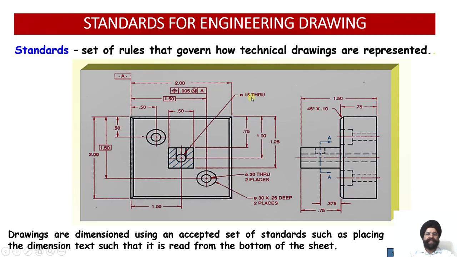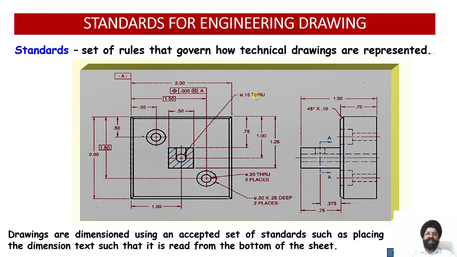Similarly, a lot of text is also written on any given engineering drawing, so we need to understand how this text is added. So we need to have a proper set of principles which need proper understanding. Only then will we be able to develop a proper understanding of any given engineering drawing.